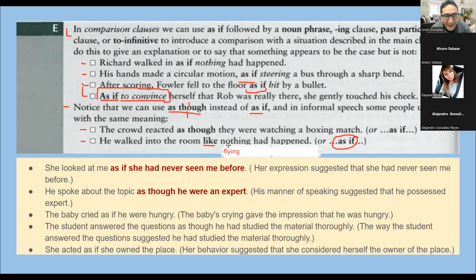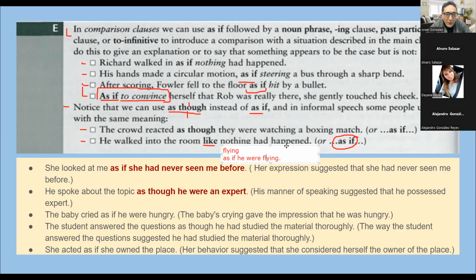He was walking like flying. Or you can say as if, and the complete clause, as if he were flying.